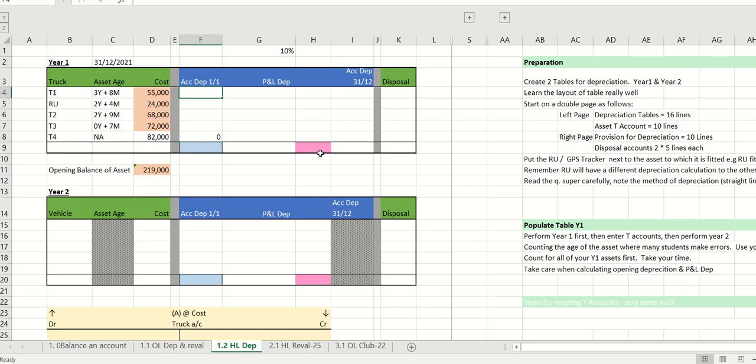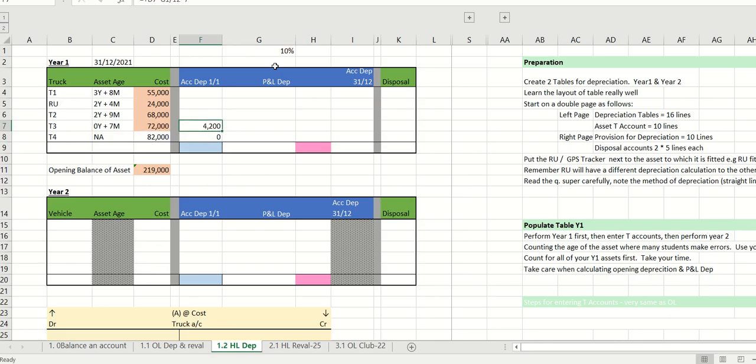Okay, now we got to calculate the opening depreciation. In a kind of traditional straight line depreciation question, that would be very straightforward for us here now. The depreciation is 10%. So in a traditional question, you'd just be going 72,000 by 10% and divide by 12 and multiply by 7.